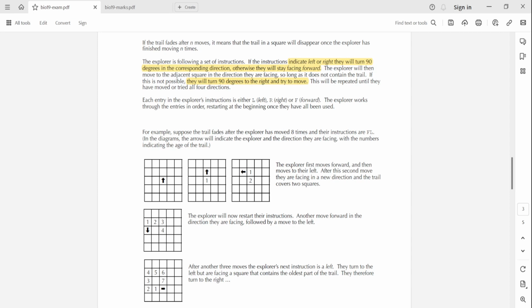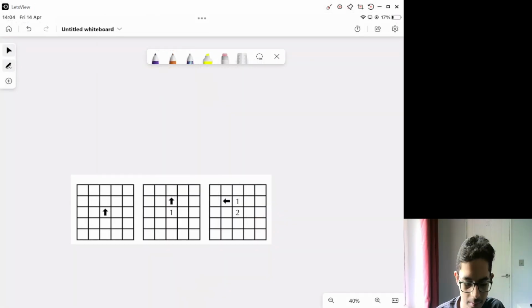So if the explorer moves forward, then they go forward one square in the current direction they're moving. Left means they go left, right means they go right, and they can't go backwards since that wouldn't make much sense. And we just need to model this situation. So now let's have a look at the whiteboard and how exactly we're going to go about doing this.